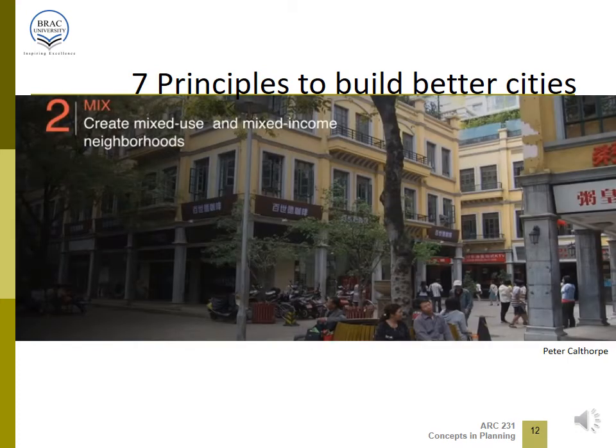He talks about mix. Basically, he meant mixed use and mixed income neighborhoods to make these neighborhoods more efficient, so that services and consumable commodities are accessible to the citizens, and they can have very intimate public space around the city core.